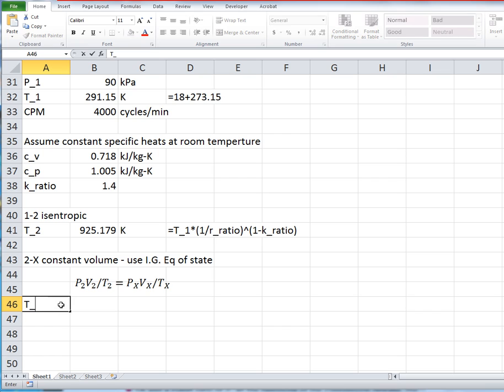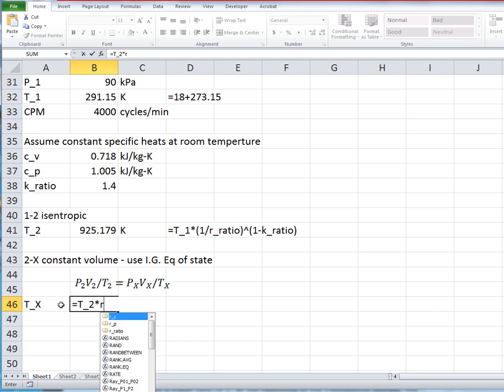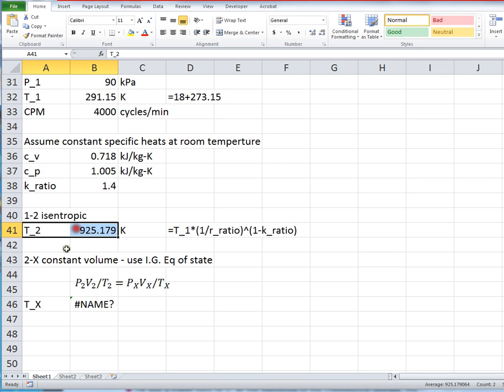So Tx would be equal to T2 times Px over P2. Well, that's not what we called it though. We called that rp. Yeah. So I've got to get these guys on the board here.